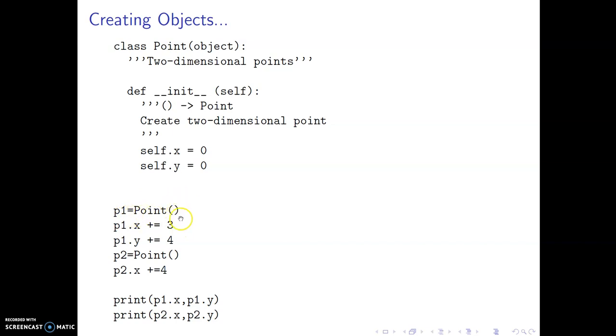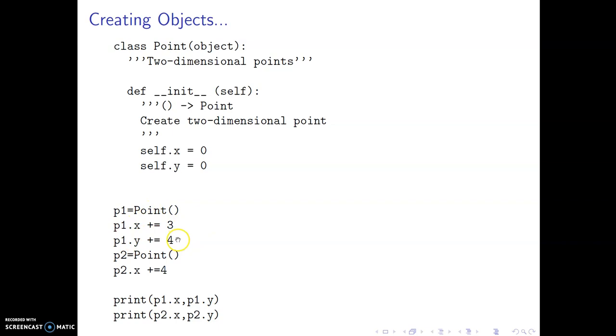I don't put any values in there. I just say it's this. If I printed this out right now, I could print p1.x, p1.y. It would have the value 0, 0 at this point.